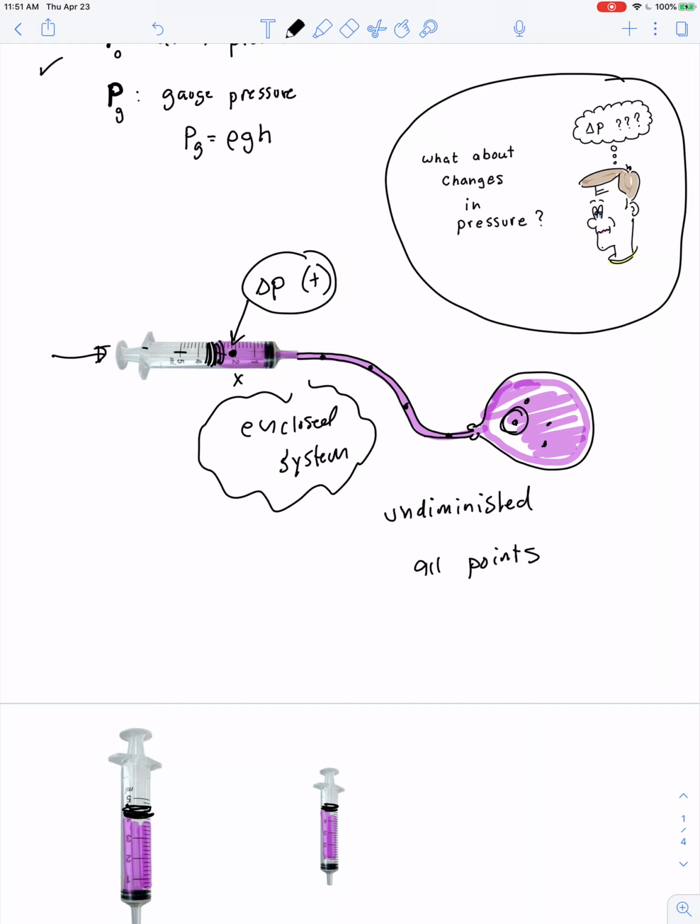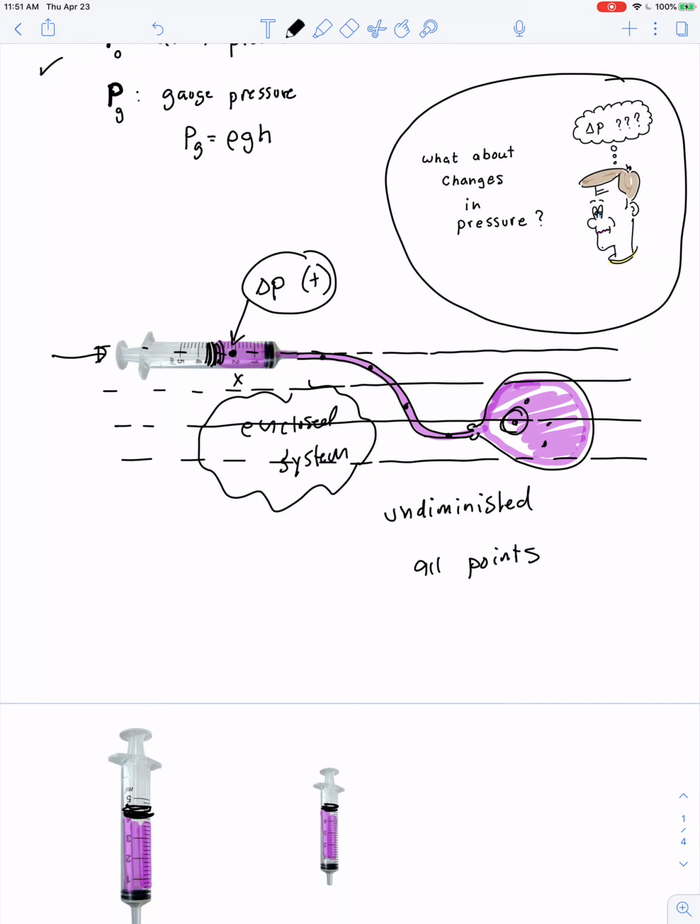Now that doesn't mean the pressure is equal at all points. Let's see. Let's draw some elevation lines. Okay, so before you ever push on the syringe, I would guess that the pressure at point B is greater than the pressure at point A because it sits at a greater depth and pressure varies with depth.